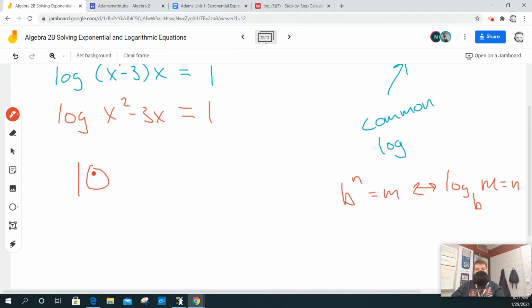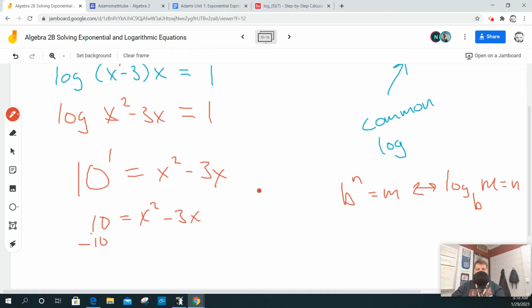So I'm going to say 10 raised to the n, which is 1, is equal to x squared minus 3x. I'm double checking, yep, because the base is 10 of m, this is m. So then I got 10 is equal to x squared minus 3x, because 10 to the first power is just 10. Now to solve this, I'm just going to subtract 10.